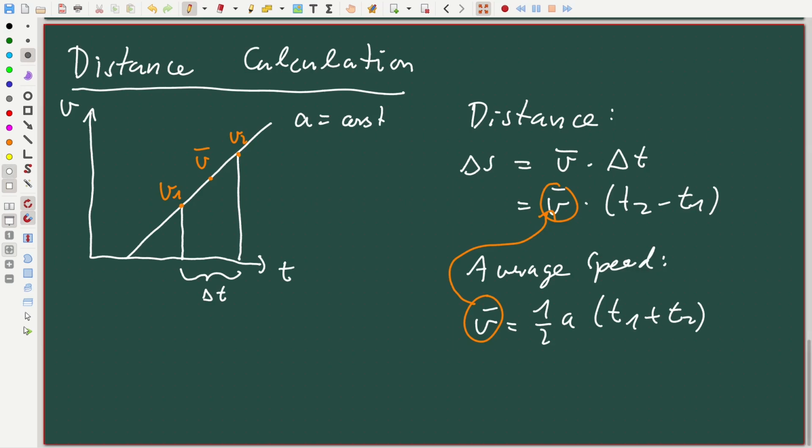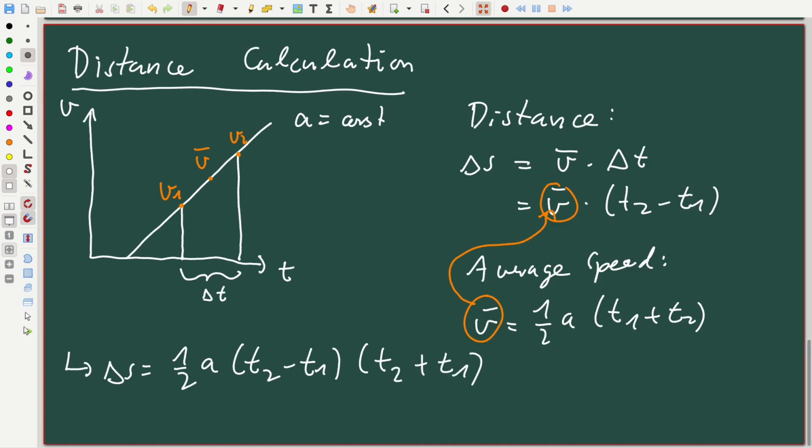And this means then our delta s can be simply written as delta s equals 1/2 a (t2 minus t1) times (t2 plus t1). I just changed the order here because now we can see something important from this equation.